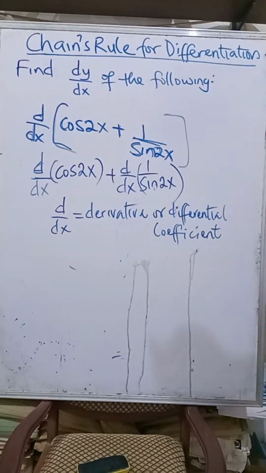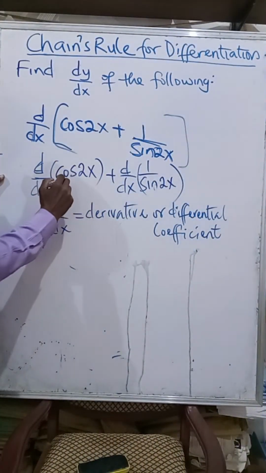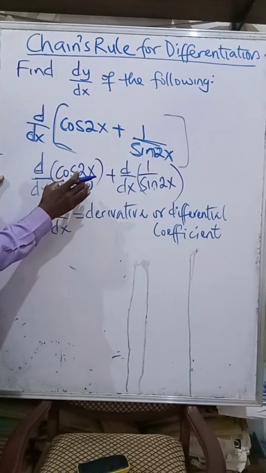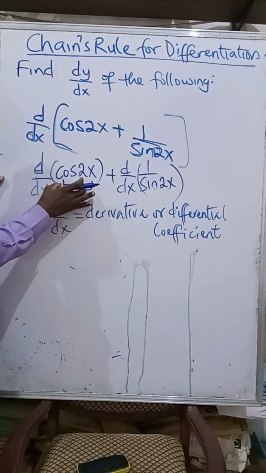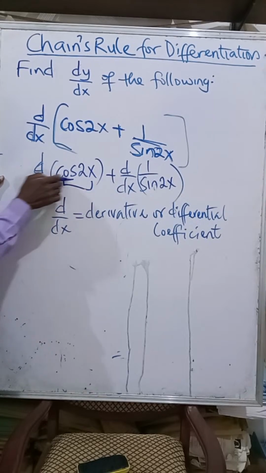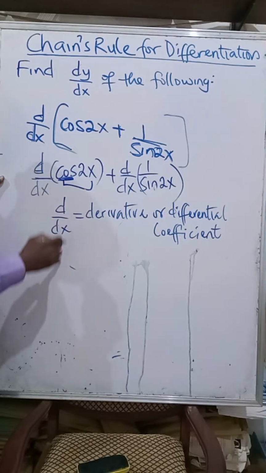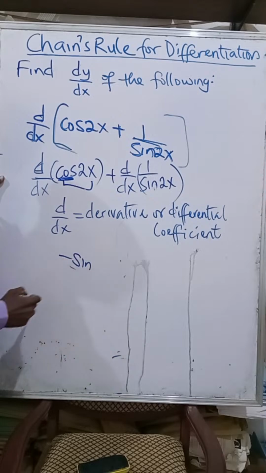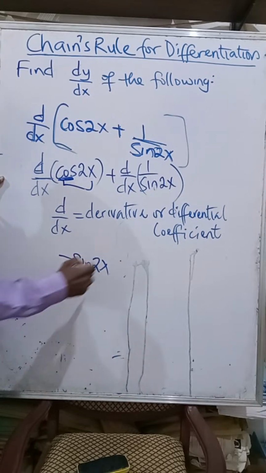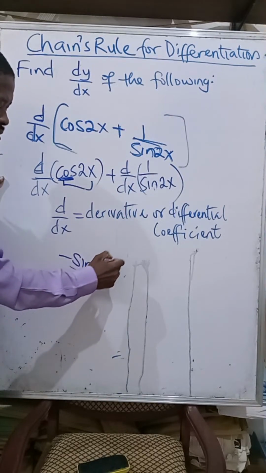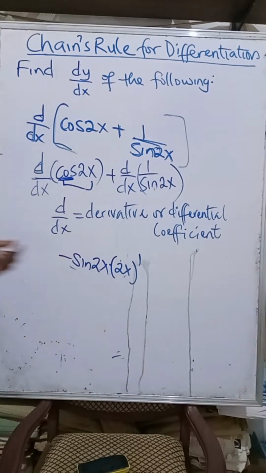So the question now is, how do we differentiate cos 2x? This is a composite function, so we're going to apply the chain rule. The derivative of cosine is minus sine of the function 2x, and then times the derivative of the composite function, 2x.